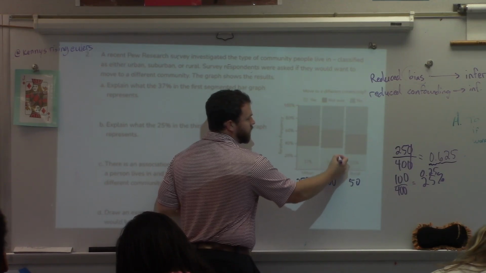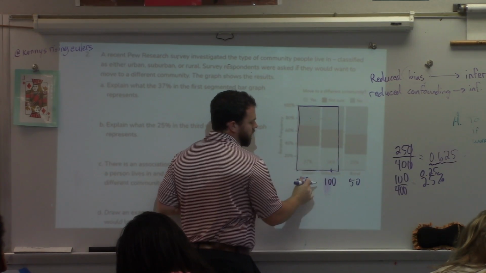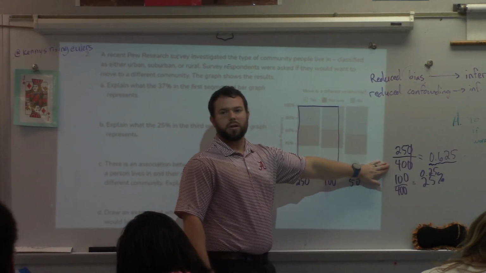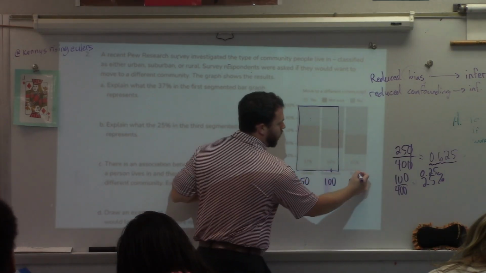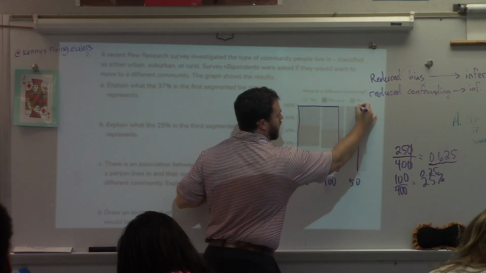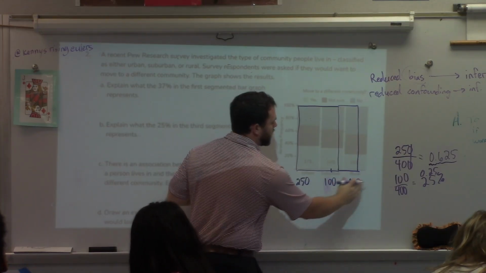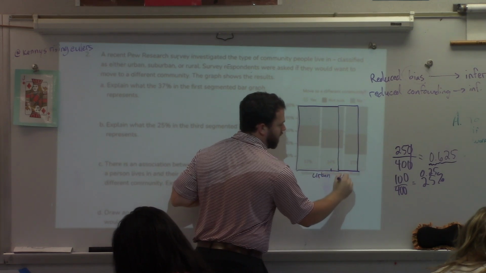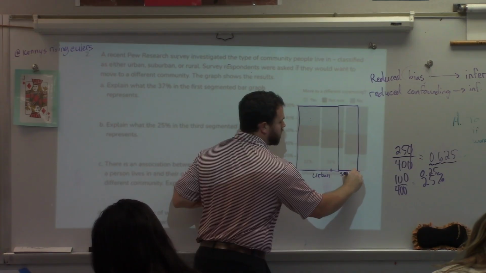This would end up being the width for the urban group, because 250 out of the 400 respondents were from an urban setting, right? And then a quarter, 100 of the 400, were from suburban. And then the last 12.5% would have been from rural.